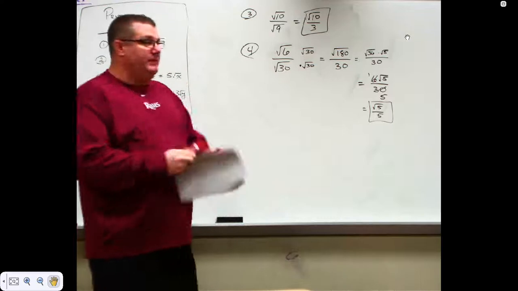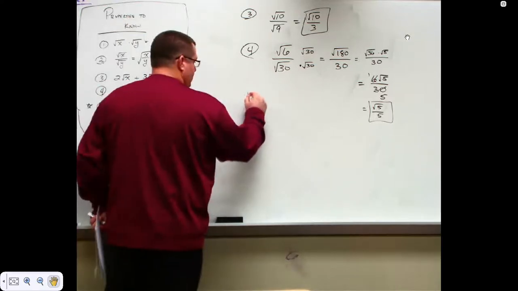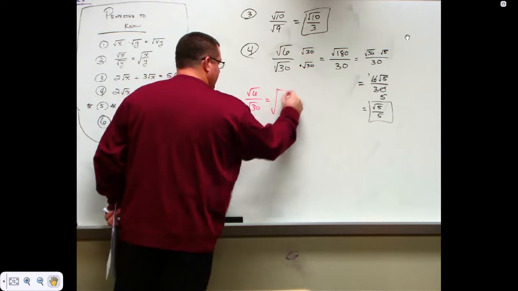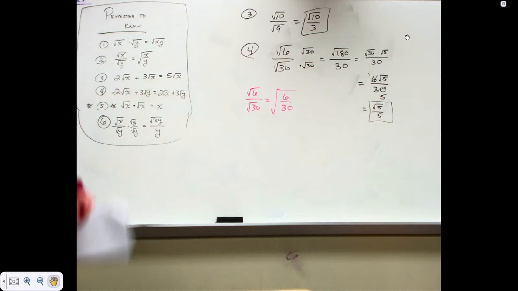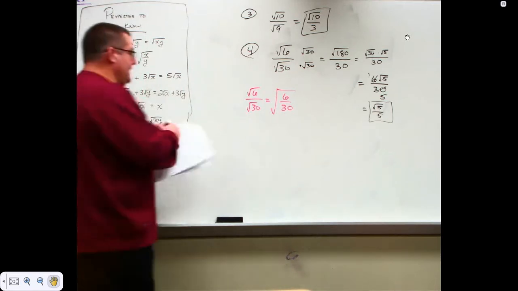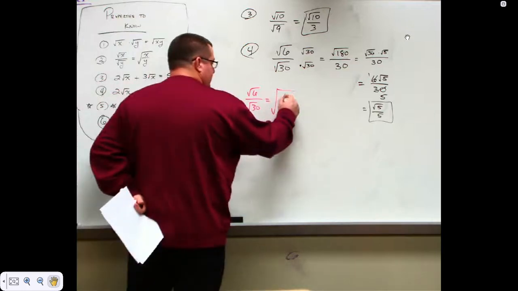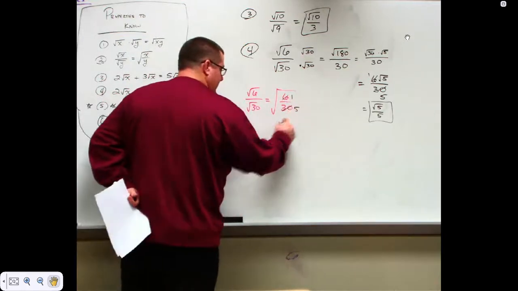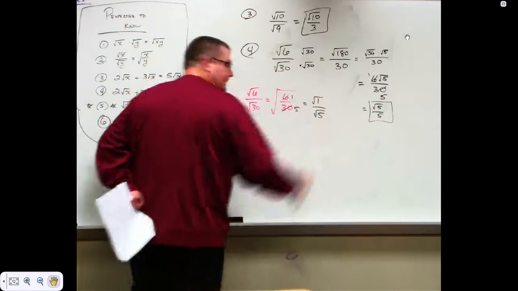That would have been to use property 2 up there and say square root of 6 over square root of 30 is the same thing as saying what? Right? And reduce that from the start, correct? Now, here's what I want you to be careful about. A lot of people make mistakes. 6 goes into 6 what? 6 goes into this what? So this becomes the square root of 1 over square root of 5, correct?